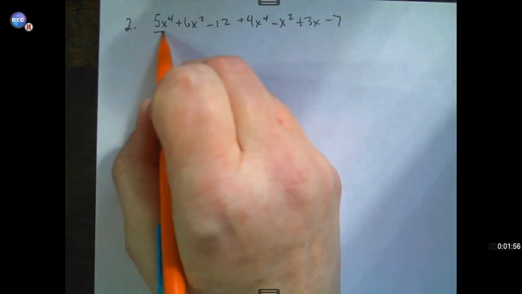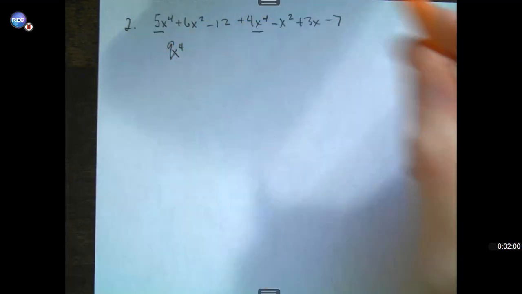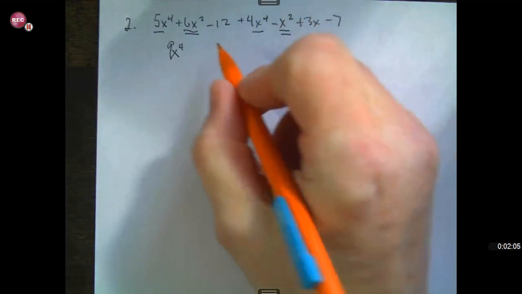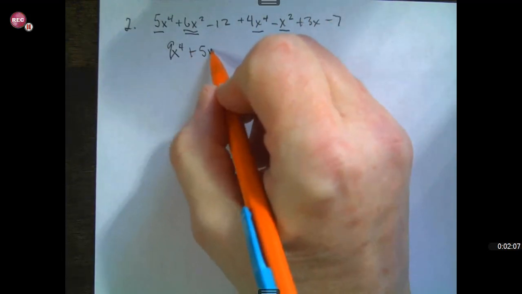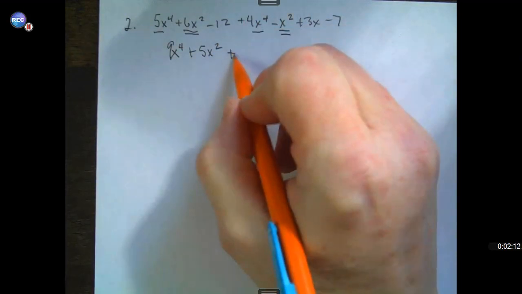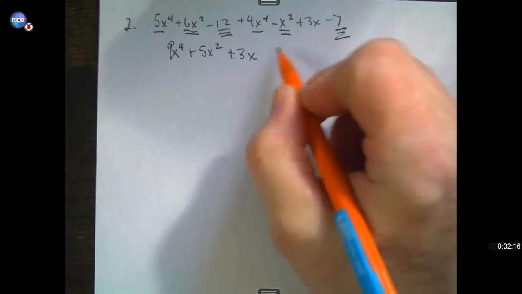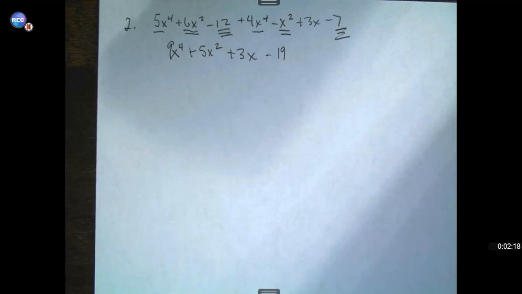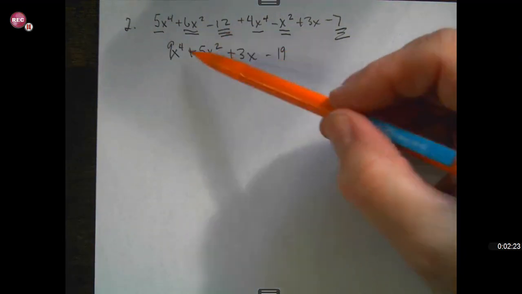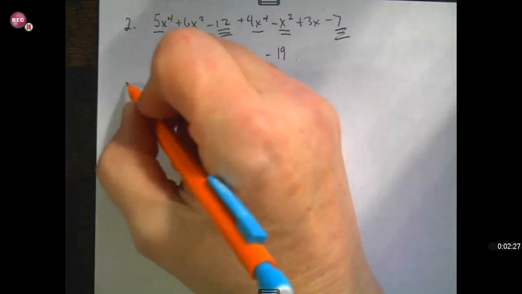So 5x to the 4th goes with 4x to the 4th, gives me 9x to the 4th. 6x squared minus x squared is 5x squared. I don't have anything to go with the 3x. And then I have negative 12 minus 7 would be minus 19. And my answer has to be in standard form. So 4, 2, 1, 0, it is.